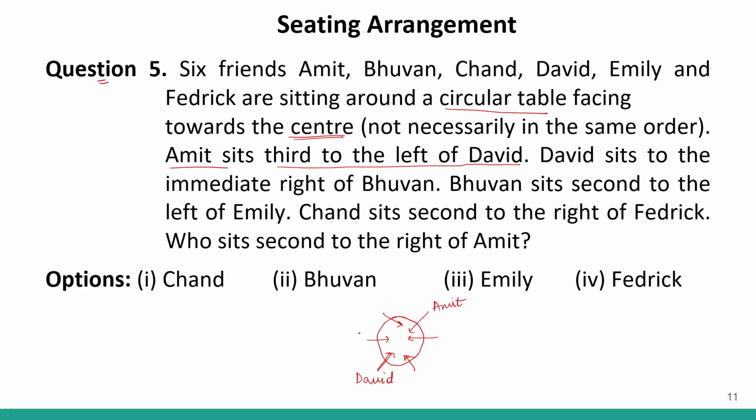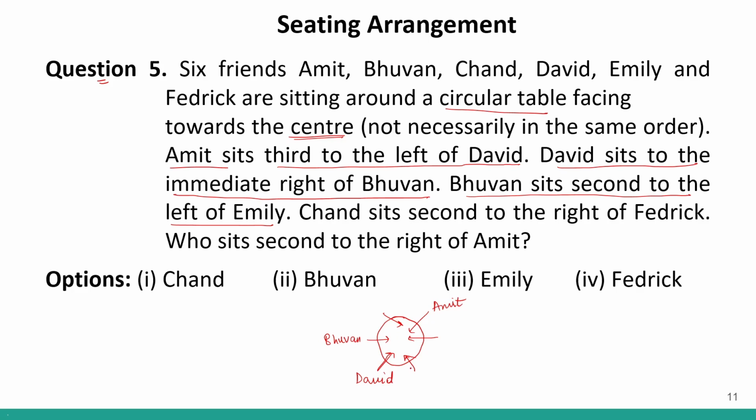Clear? Now, David sits to the immediate right of Bhuvan. So immediate right means Bhuvan will be over here, because David is to the immediate right of Bhuvan. Correct? Now it is given to us that Bhuvan sits second to the left of Emily. Second to the left.